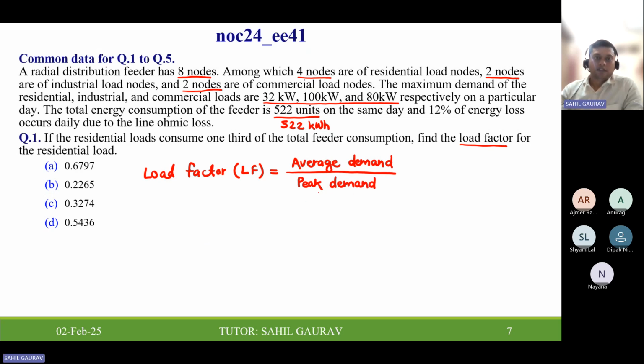For the residential load, we know the peak demand, which is given as 32 kilowatt. If the peak demand is known, we have to find the average demand first, then we can find the load factor. And those who are able to solve the problem can write the answer in the chat box. Peak demand is given as 32 kilowatt. Now we will find the average demand.